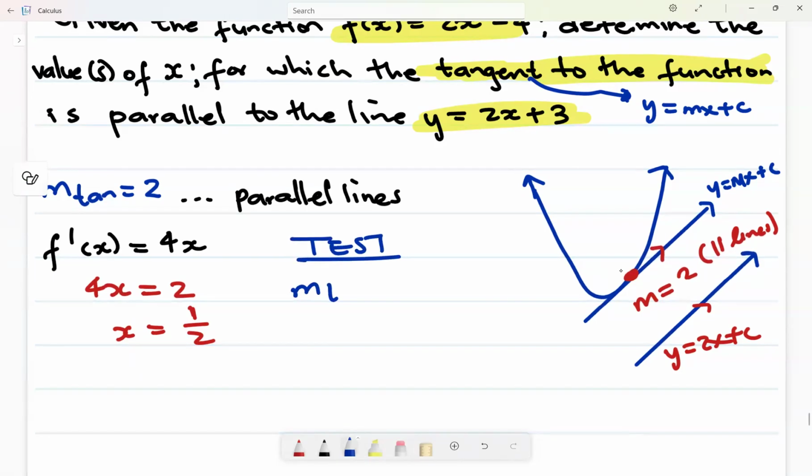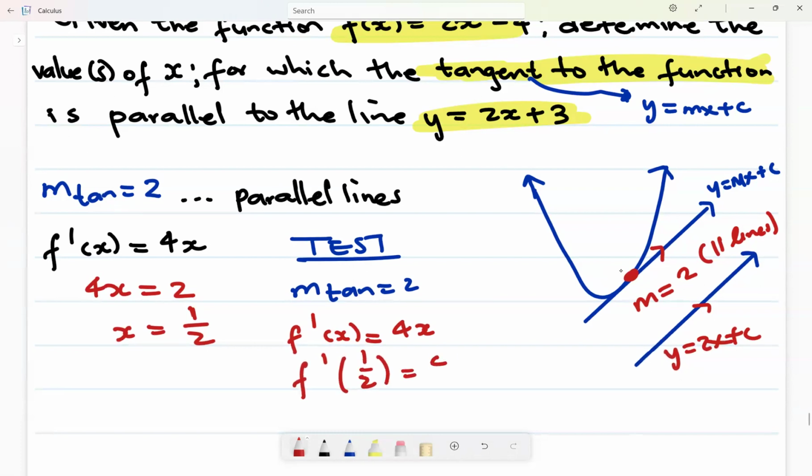We are saying the gradient of a tangent is equal to 2. f prime of x is equal to 4x. At the specific point, which we just said is half, is it giving us 2? Yes, it is giving us 2. So can you see they have the same gradient at this specific point.